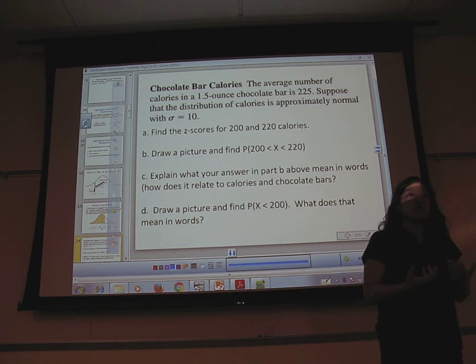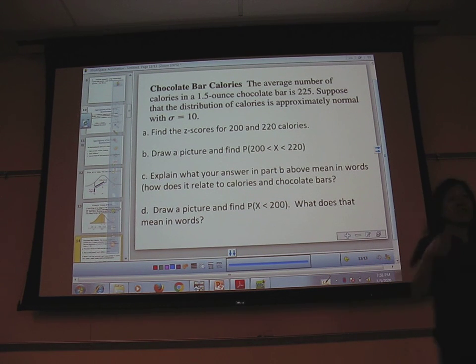Each one of them has its own z-score. So find the z-score for 200. How far is it from the mean? How many standard deviations is that? Find the z-score for 220. Then draw your picture, find the probability that x is between those two values, and explain what that means in part C. I'll go ahead and give you guys 5 minutes to work on that. Seem okay?